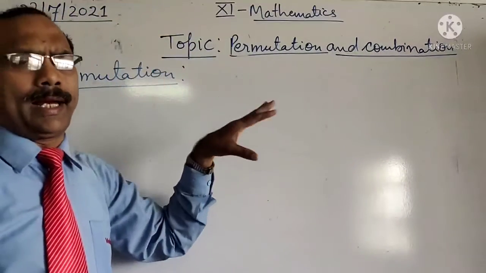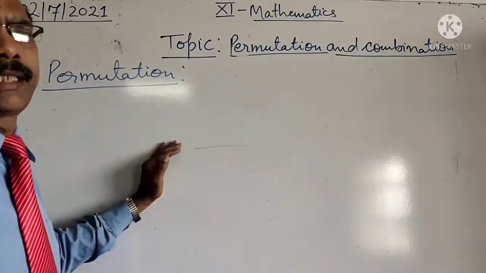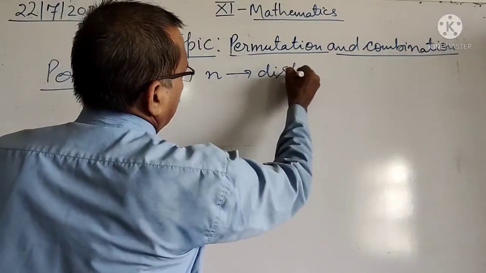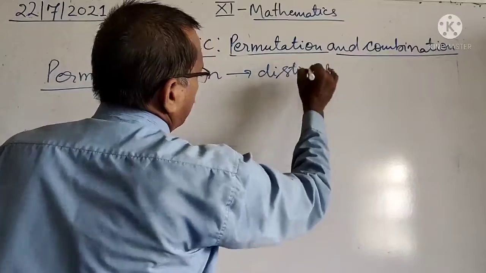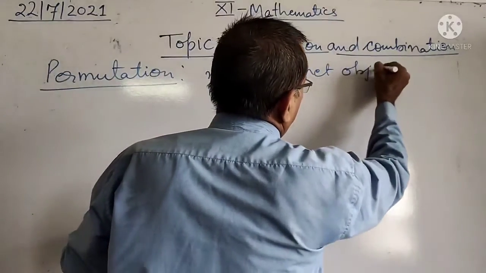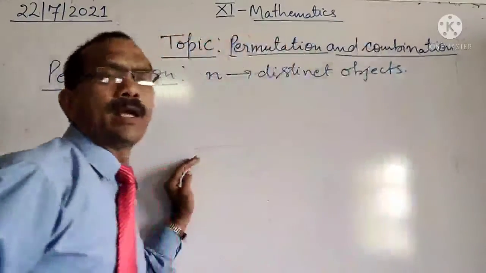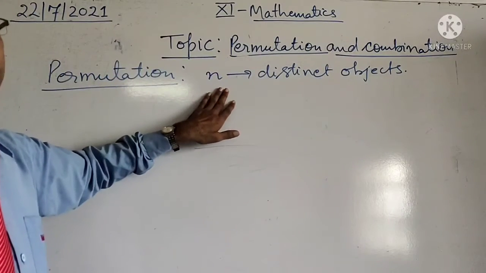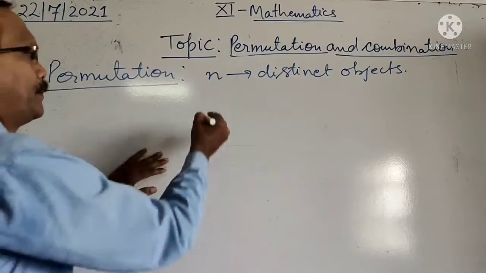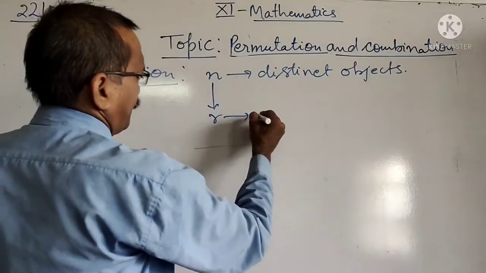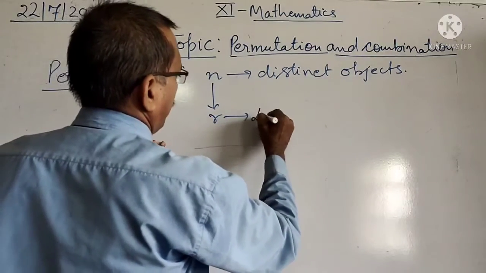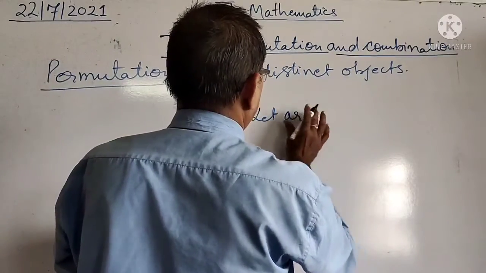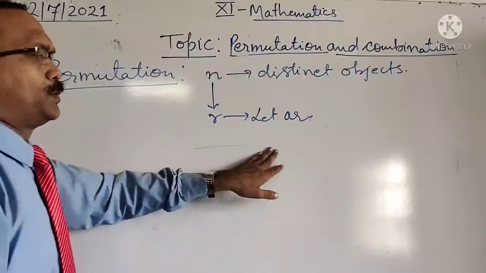There are n distinct objects, and we are going to select r objects from these n objects. Let r objects be selected.